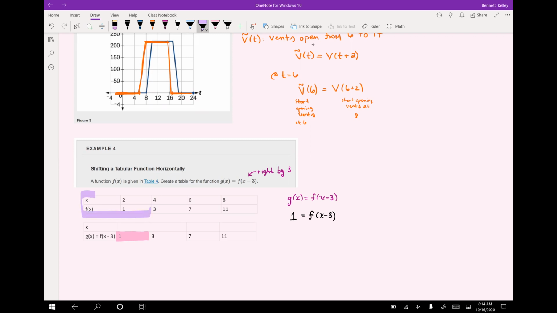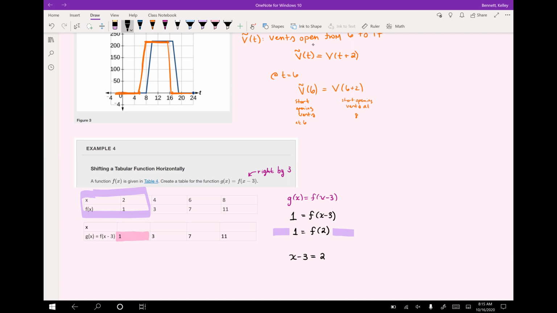Well, I know that 1 equals f of 2, right? That's from the purple part. So this allows me to equate the arguments of f. So what this is telling me is that x minus 3 has to equal 2.